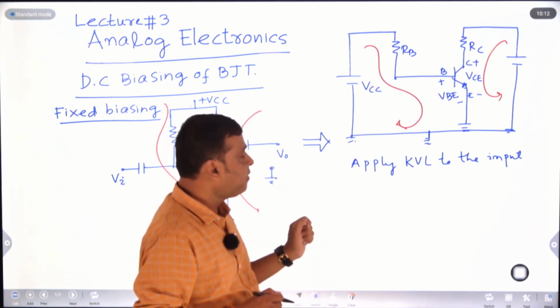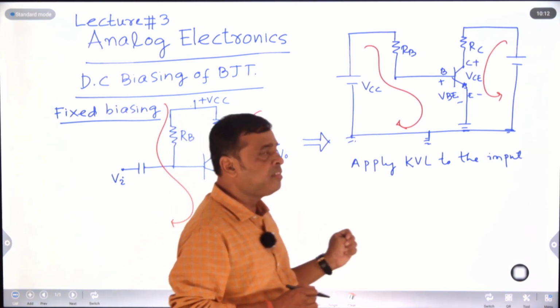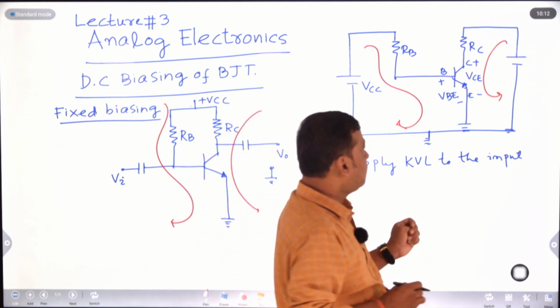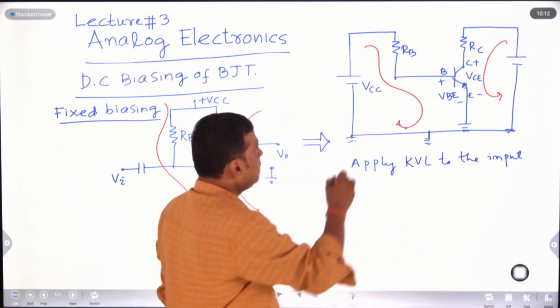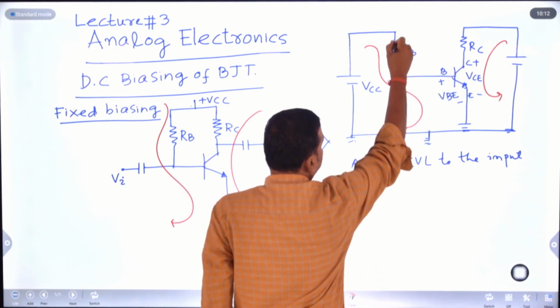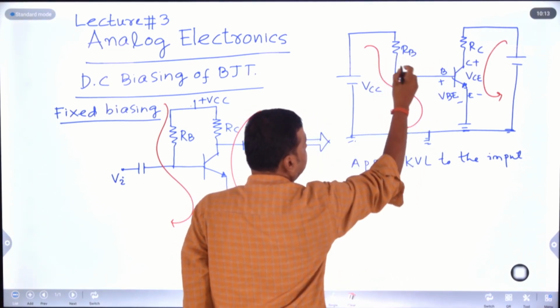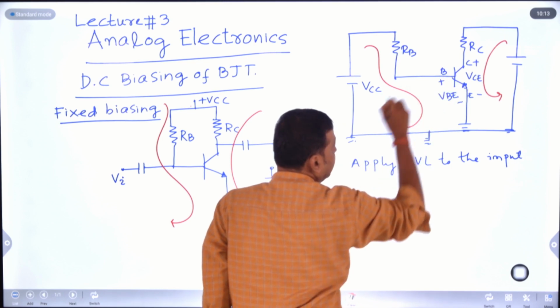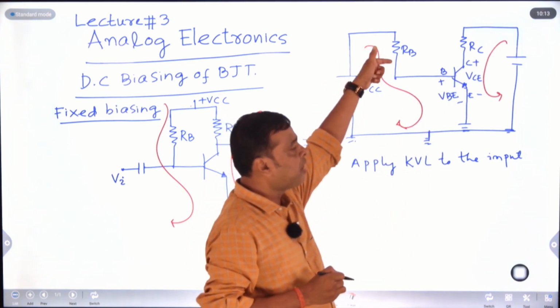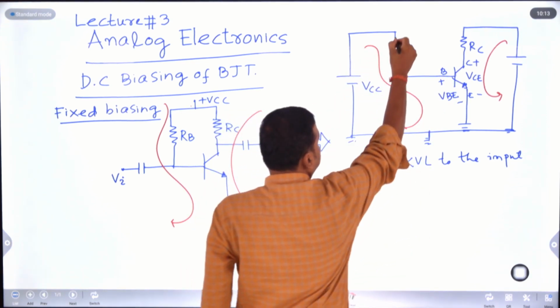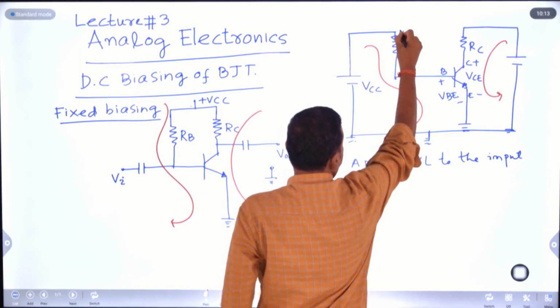If there is a resistance, the voltage is multiplied with the current. Here there is a resistor RB connected to the base, so obviously the current flowing through RB is your base current, IB. Base current is now IB.